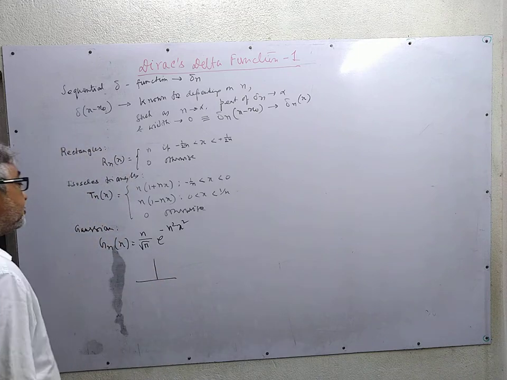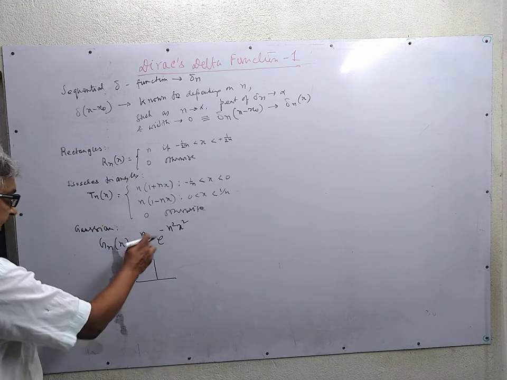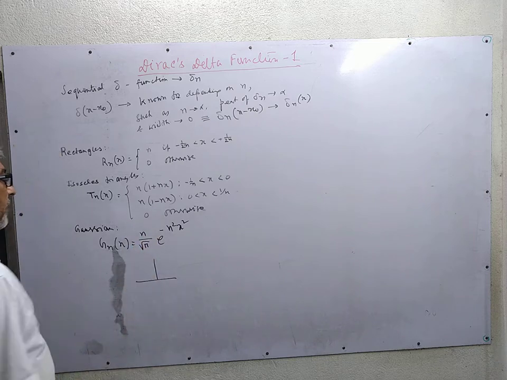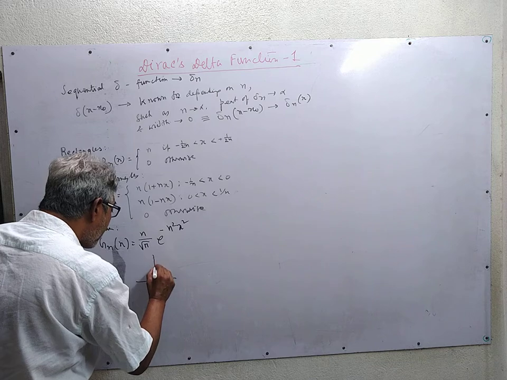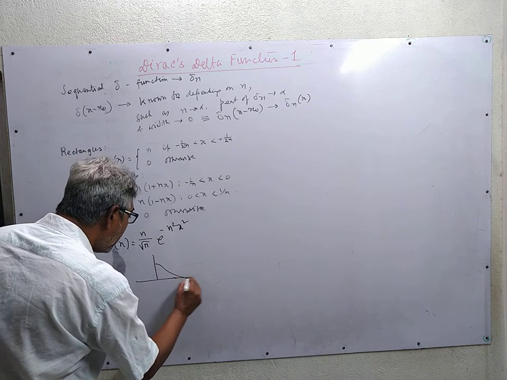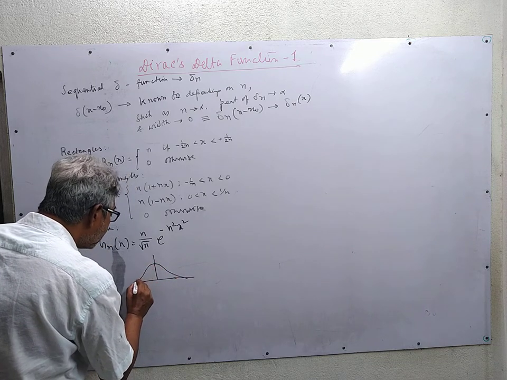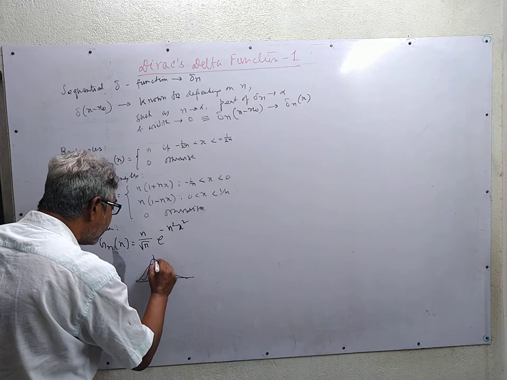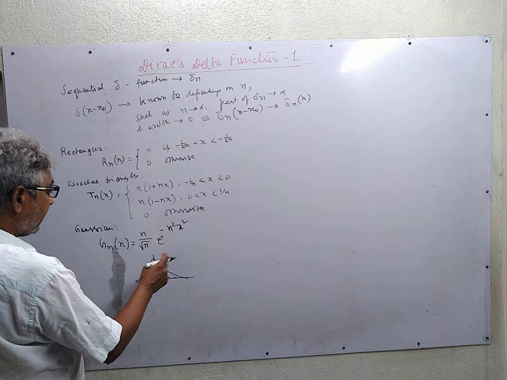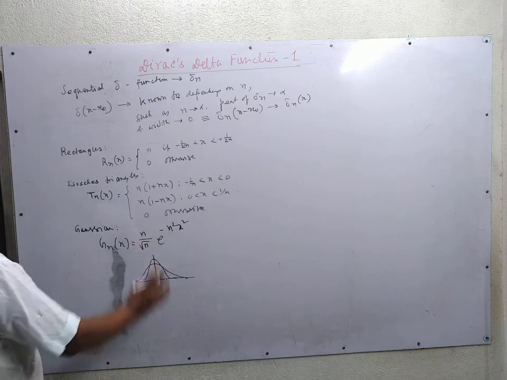At x equal to 0, the peak value is n upon root pi, and the Gaussian curve is like this for a lower value of n. For a higher value of n, the curve will be like this, and as n increases, the peak value increases.